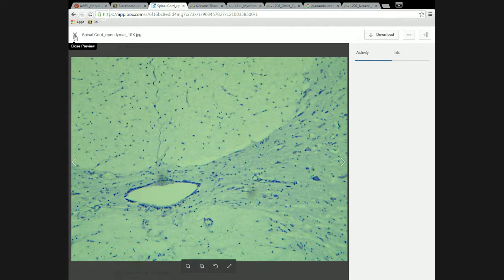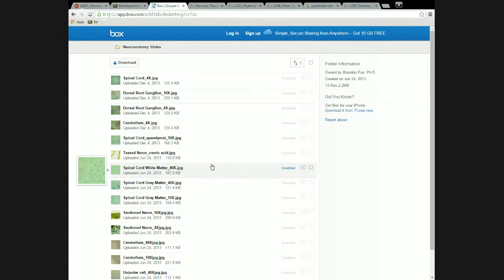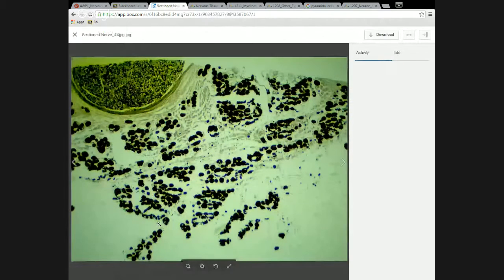The other glia I want to show you are represented in 2 or 3 slides. The 3 slides I'm going to show you here are stained in a very different way from anything we've looked at. These are stained with an osmium-based stain which highlights lipids.